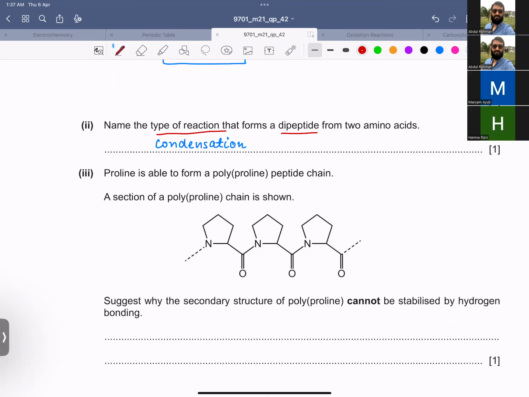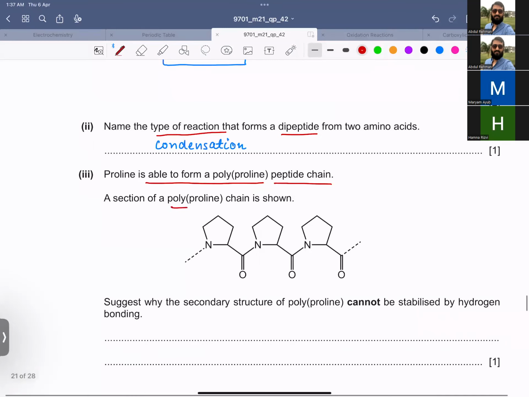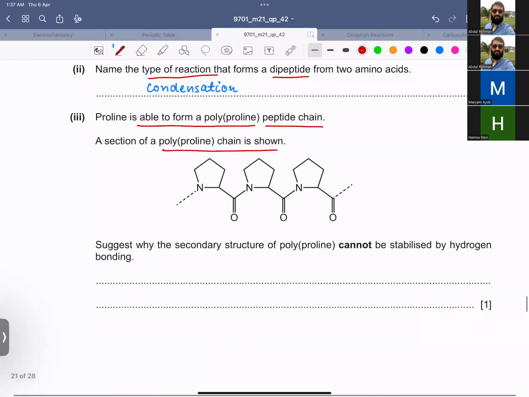Now next part. Proline is able to form a polyproline peptide chain. A section of a polyproline chain is shown. If you see over here, suggest why the secondary structure of polyproline cannot be stabilized by hydrogen bonding.